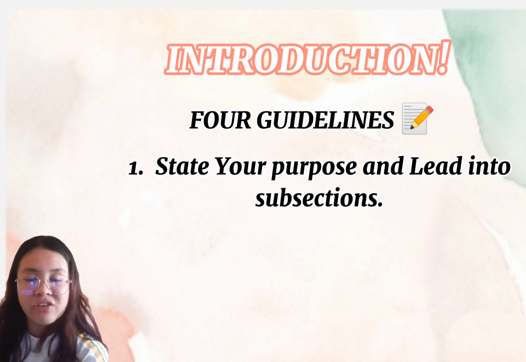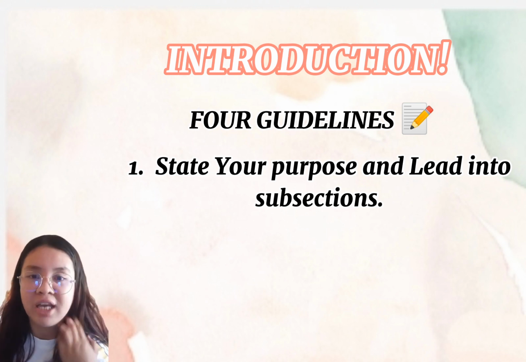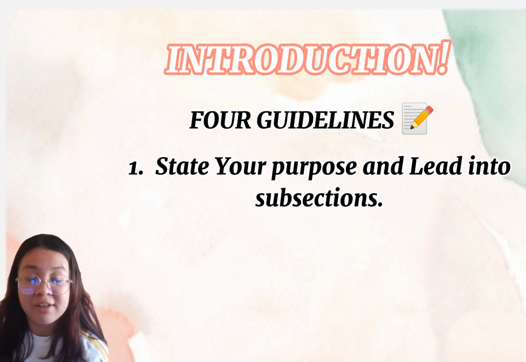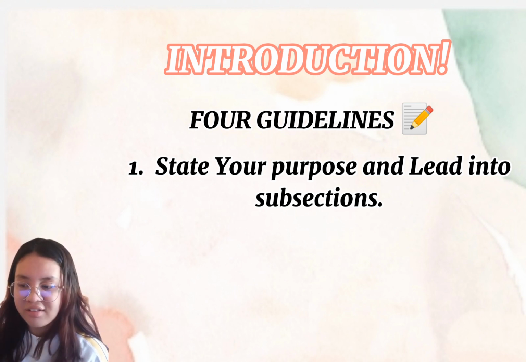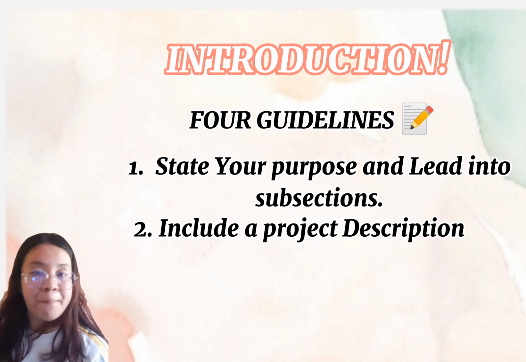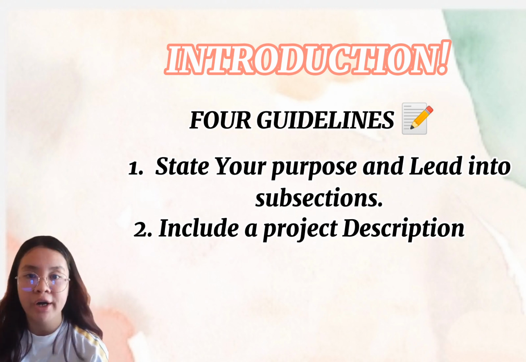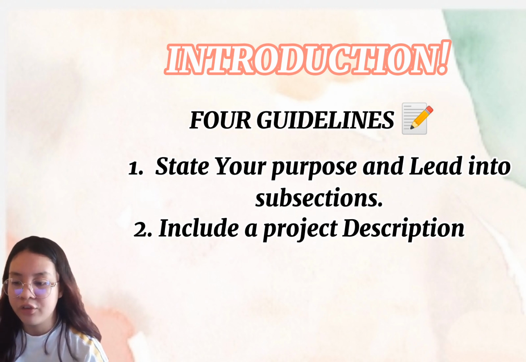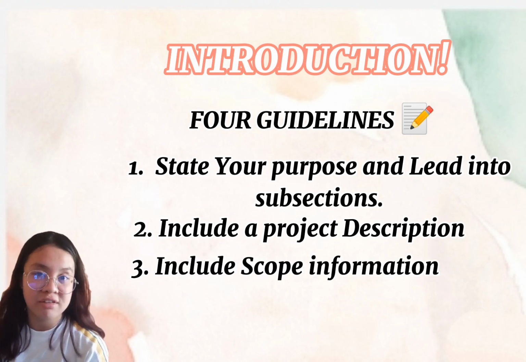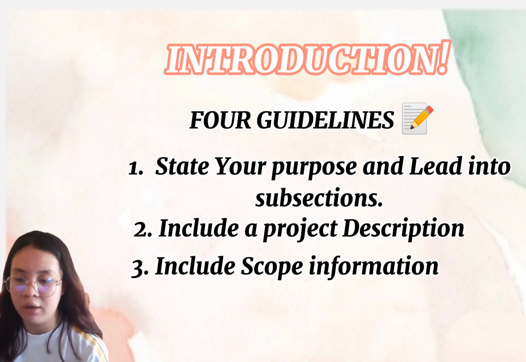In the introduction, we have to state what our purpose is in this report. The second one is include a project description. We should include the project description in our introduction. The third one is include the scope information.